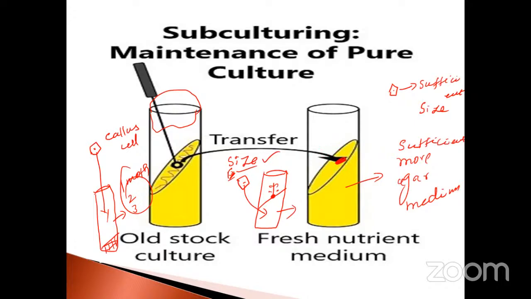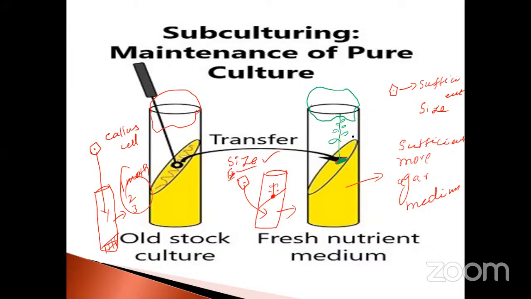After a few days or weeks of incubation at 22 to 28 degrees Celsius, within a short period, this plant tissue also grows, in aseptic conditions.